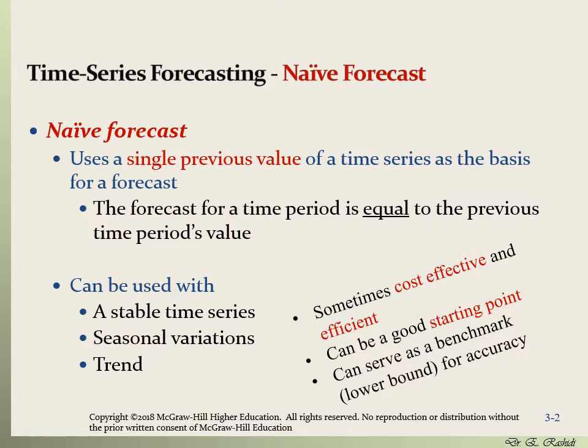So what you can do is compare the accuracy level of that method, or any other forecasting method, with that of the naive method, and you can use the performance or the accuracy rates of the naive forecasting method as a benchmark or as a lower bound for forecasting. So you compare any other forecasting technique's accuracy level with that of the naive. If it cannot beat the naive, then it's not a good method.